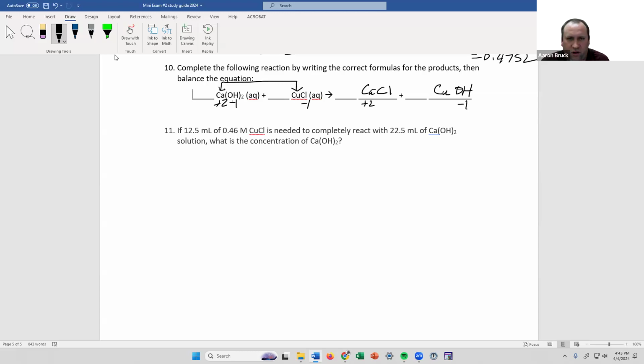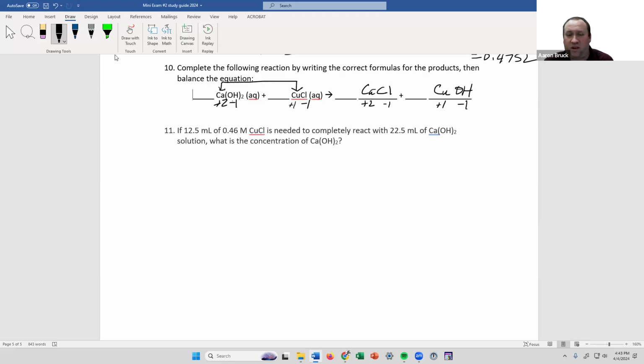And if it's -1 over here, it's -1 over here. And since this is the formula, and I only needed one copper to balance out the chloride, the copper must be +1 as well. So now I've got all of my charges. I've got everything figured out.